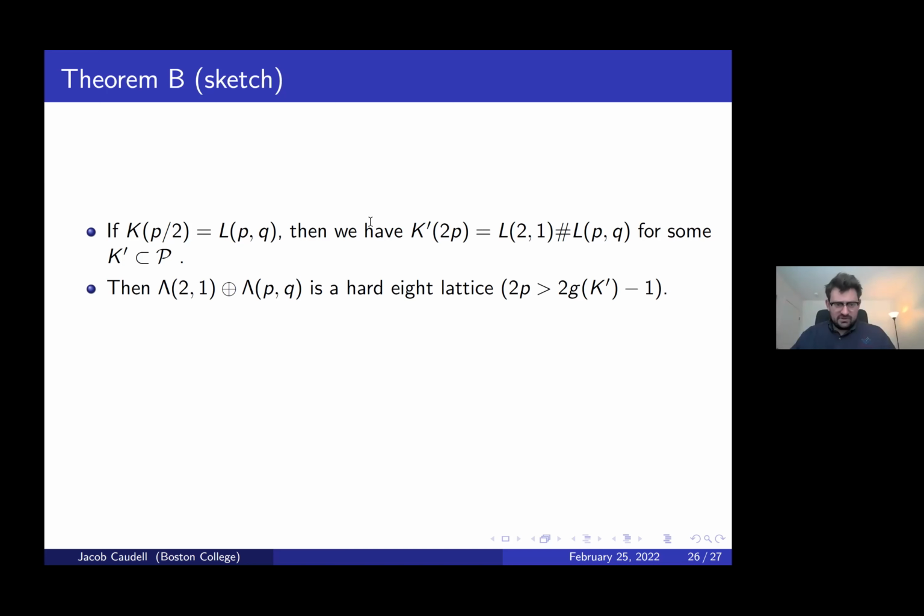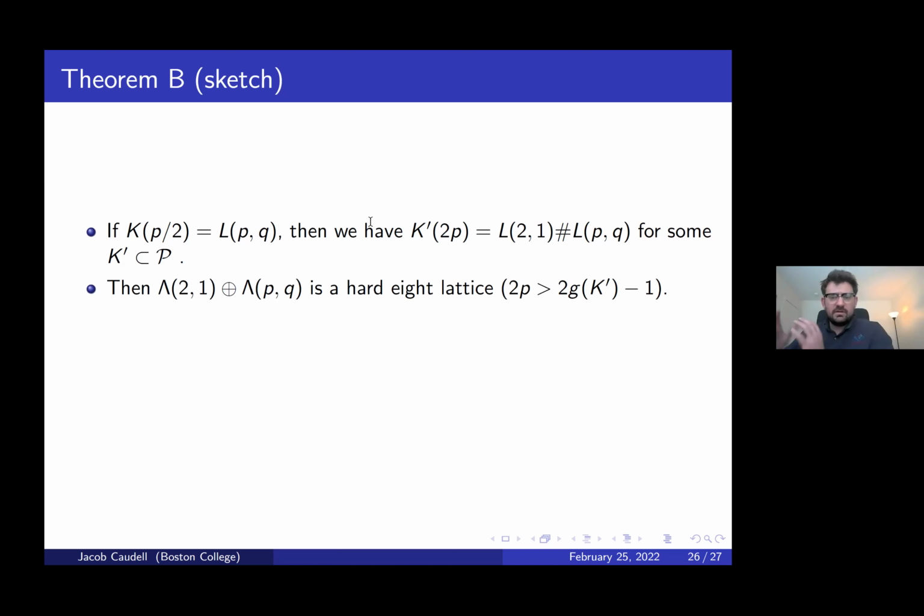So by the theorem mentioned earlier, lambda(2,1) plus lambda(P,Q) now has to be a hard 8 lattice. And this is because an even number that is a surgery slope to an L space has to be greater than twice the genus minus 1.